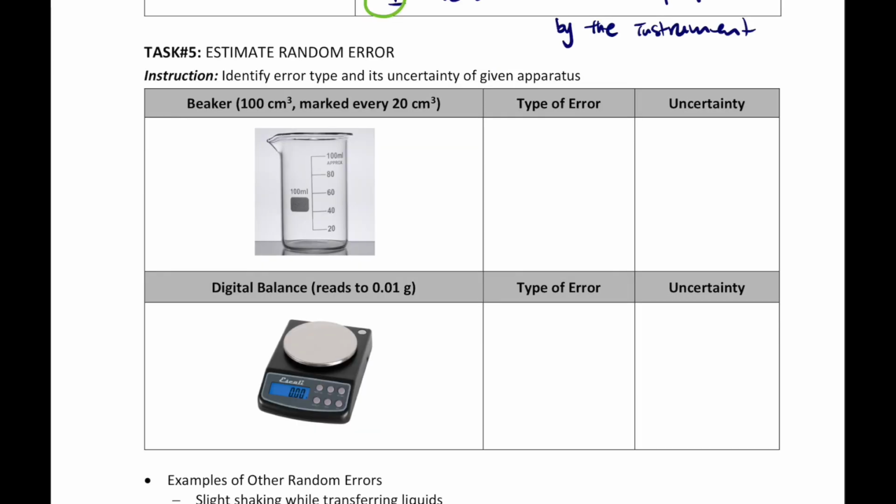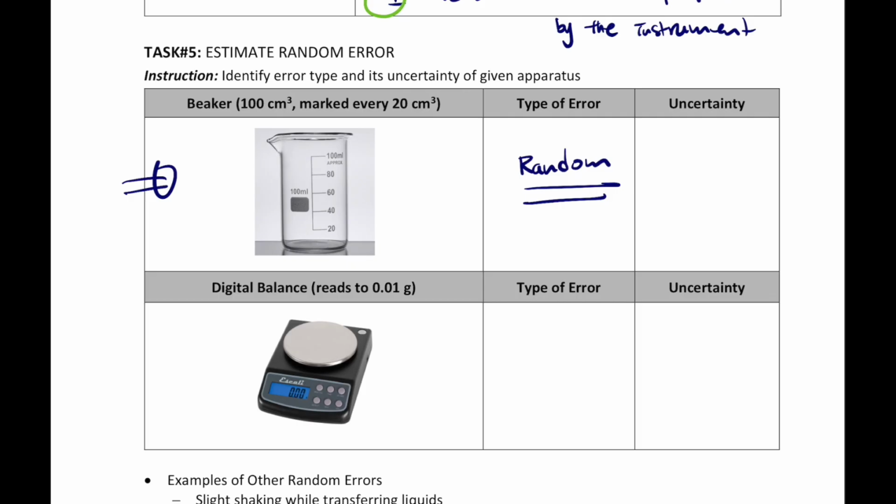Okay, so let's do test number 5 together. We have to estimate the random error. Here we have a beaker. A beaker is an analog tool, right? And the type of error in this case is random. The reason is that the analog tool gives error with the precision, which means we have instrument limitations.